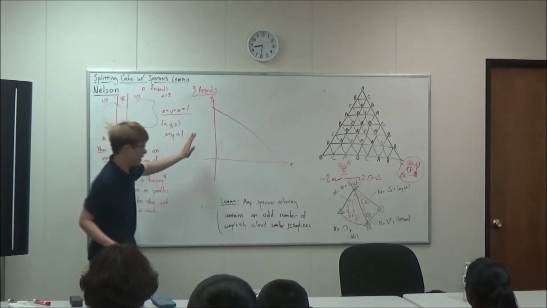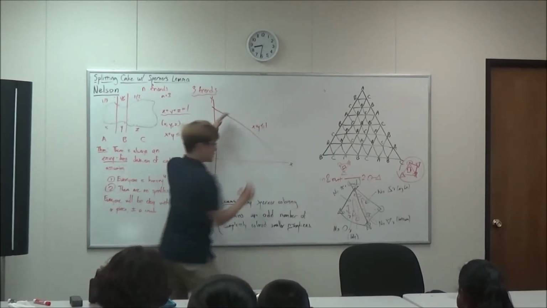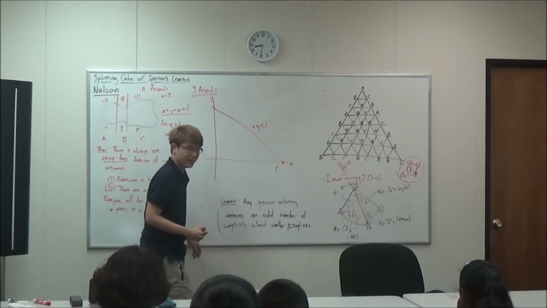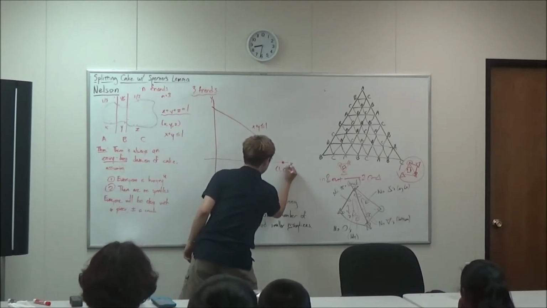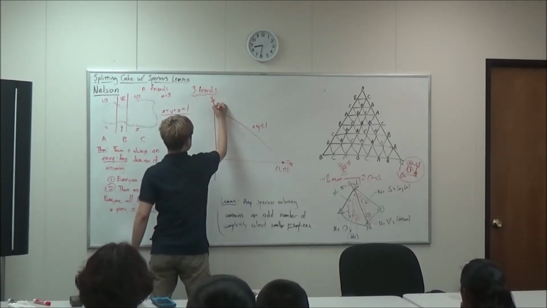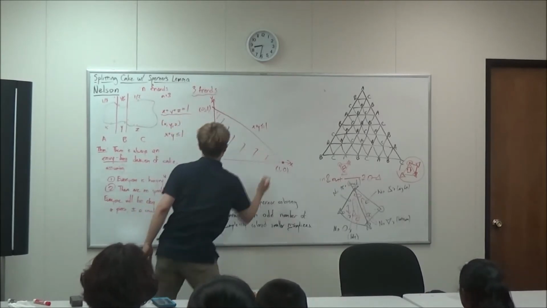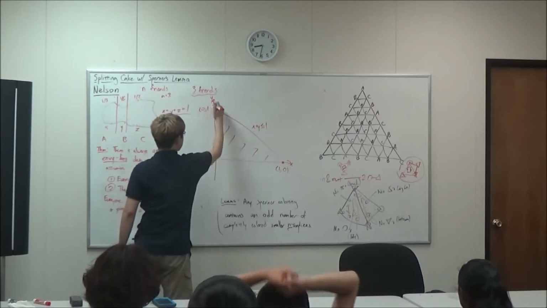Whatever's remaining is the z. I'm going to draw the graph of x plus y less than or equal to 1 with something like this, right? What's this point here? Someone tell me? Yeah, is it 1, 0? Yeah, this is 1, 0. And this is 0, 1. We're looking at everything down here, right? This is 0, 0. And I'm actually just going to write in the z value too.